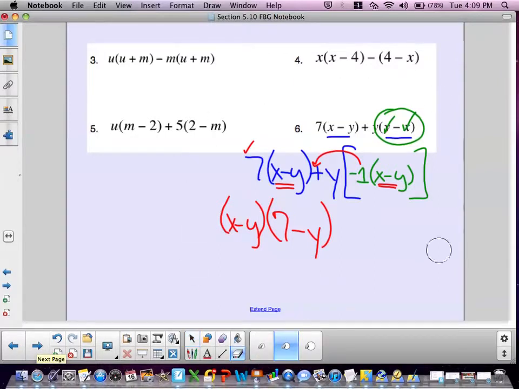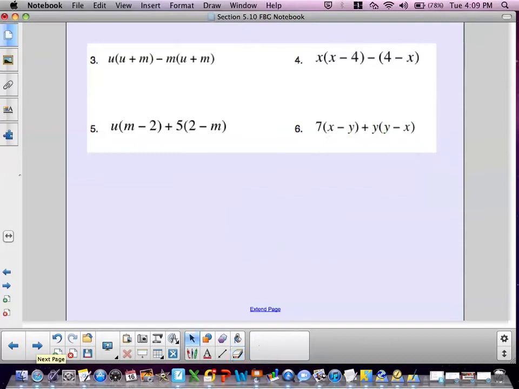So let's go back to 4, 5, and 6 and do a more efficient method with this. I know I need to create a match here with x minus 4 and 4 minus x. When I factor a negative 1 out of the binomial 4 minus x, the only result that I feel is simply changing the operation that connected the two terms. If the operation is subtraction, when I factor a negative 1 out of this term, that operation becomes addition.